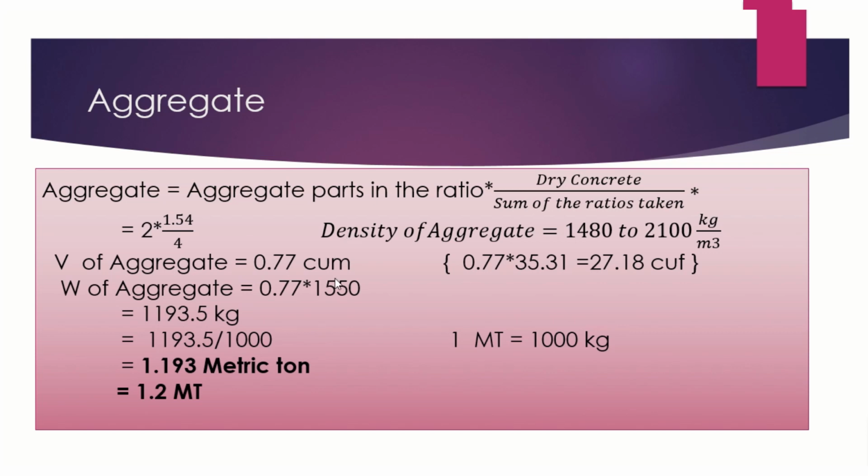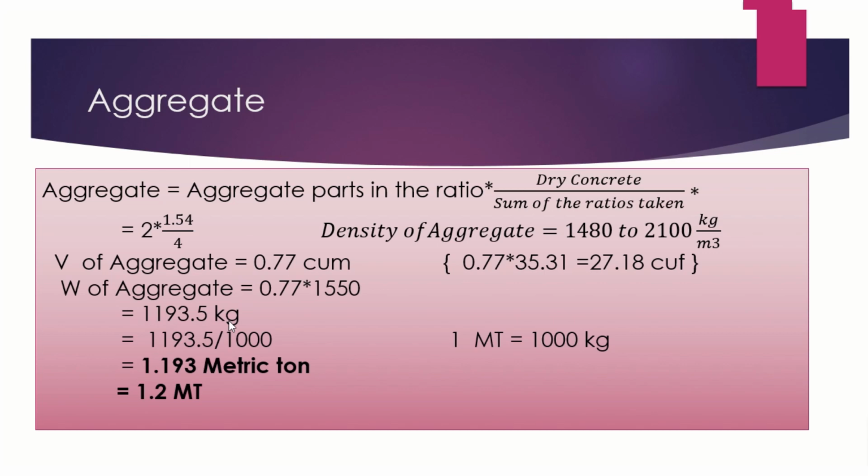In this case we have taken one value that falls in between those values, 1550. Then 0.77 is volume, this is density. Now we'll get the result.